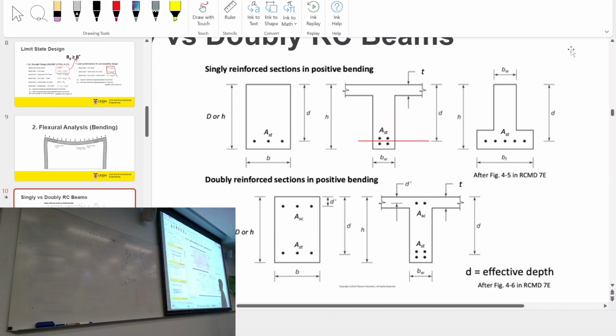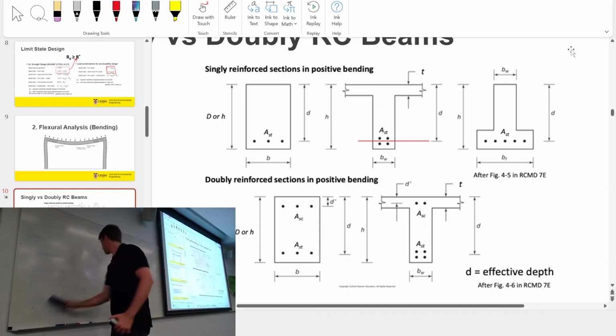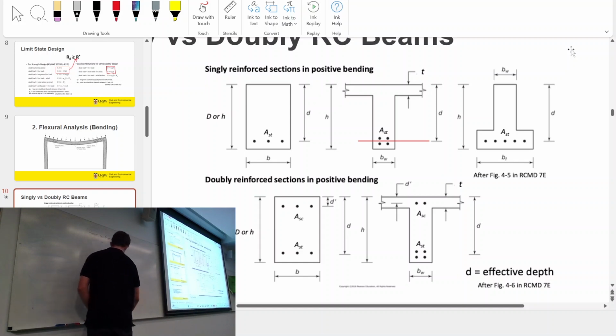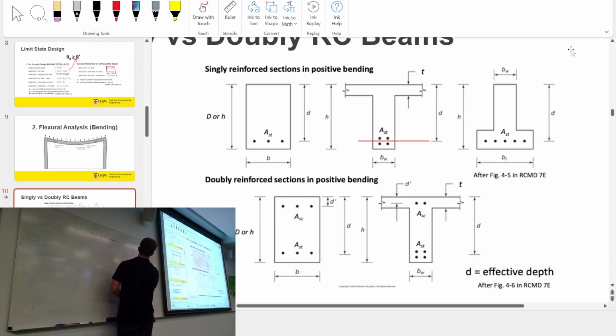Taylor will guide you through those. And you'll start off with singly reinforced beams, and then later on you'll do doubly reinforced beams, which is pretty much just the same. And by the way, what I was referring to before is that transformed section stuff, when you have a different material like steel in here, instead of imagining it's concrete and steel, you just imagine it's all concrete, and so you extend the area out here.